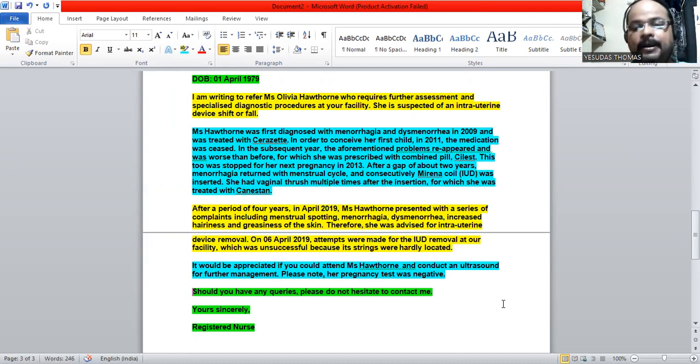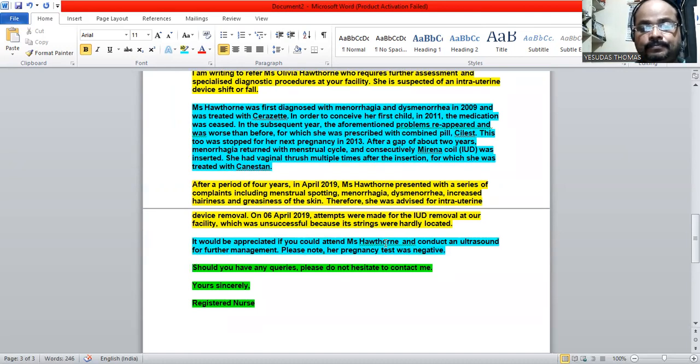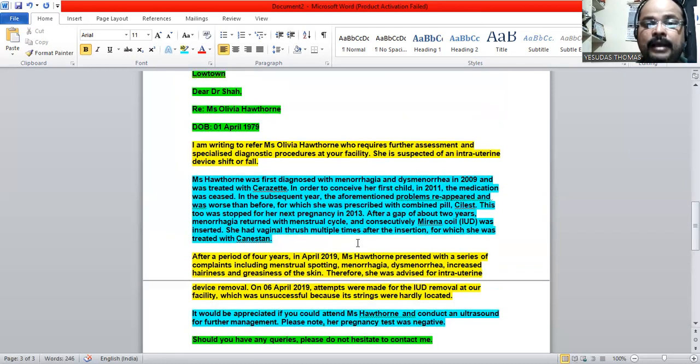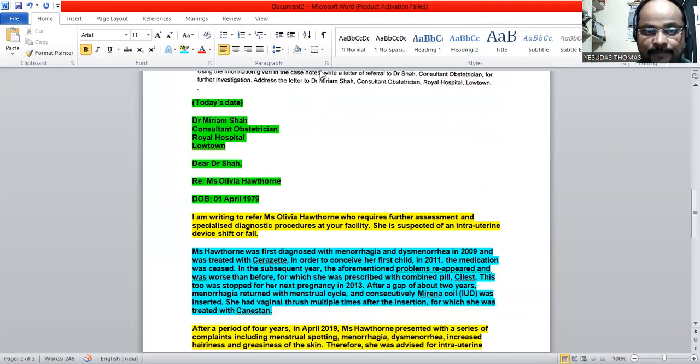The second paragraph, highlighted in yellow, shows the current problem. The third paragraph, highlighted in blue, is the requirement, what the obstetrician has to take care of for Ms. Hawthorne. And that is the end of our explanation here.